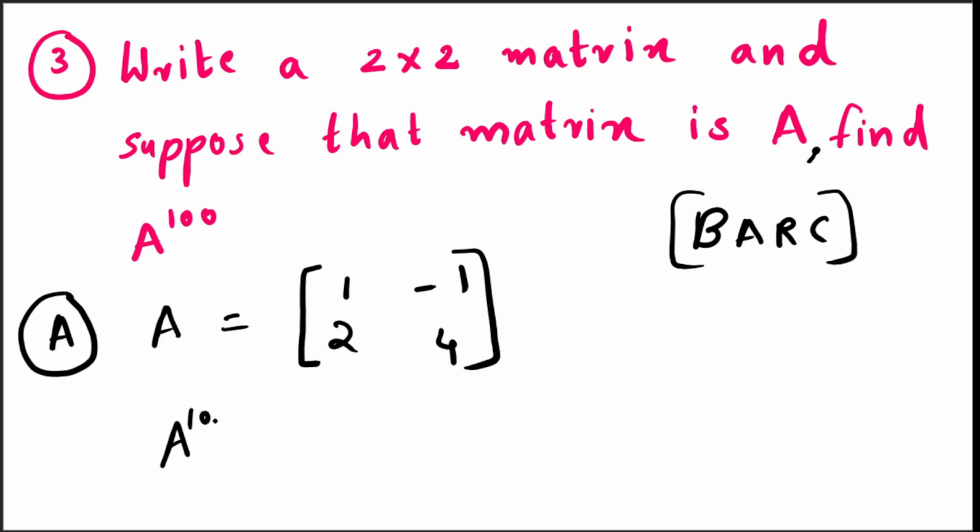Many of you will know it, but for those who don't, we have to find this matrix, 1, 2, minus 1, 4, raised to 100. There is a simple method. Just diagonalize this matrix, and the diagonalized matrix will have only diagonal elements, right? Which are actually the eigenvalues. I will show that.